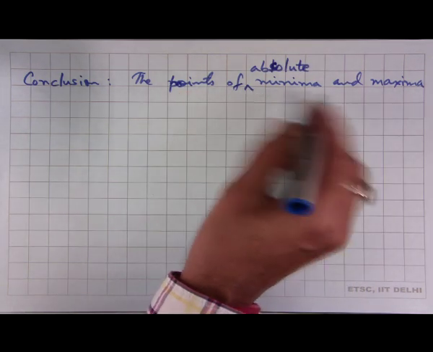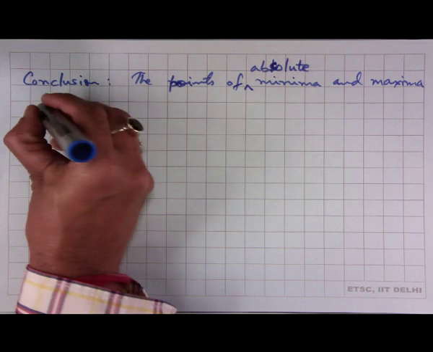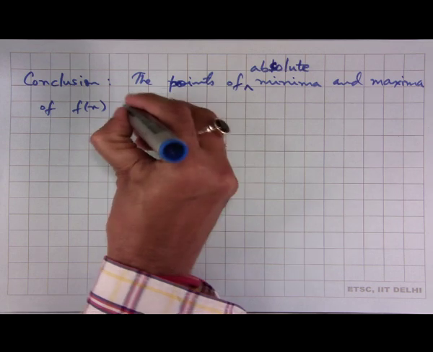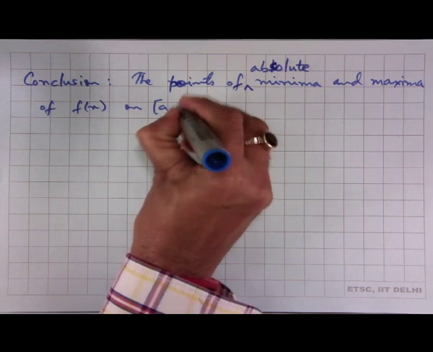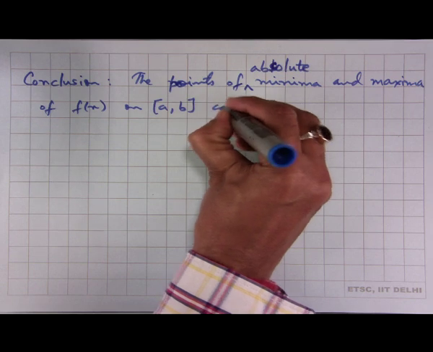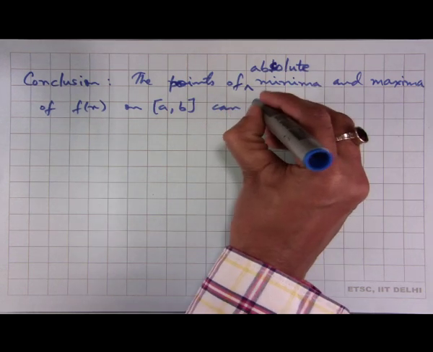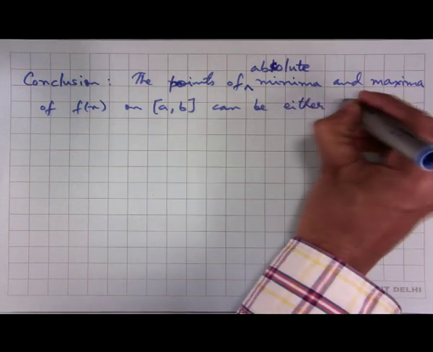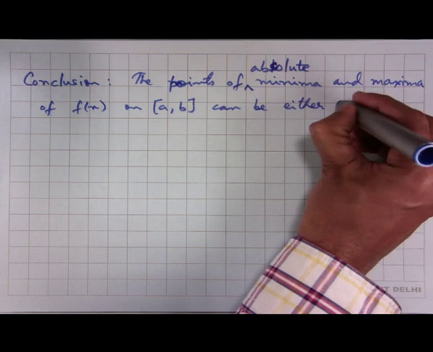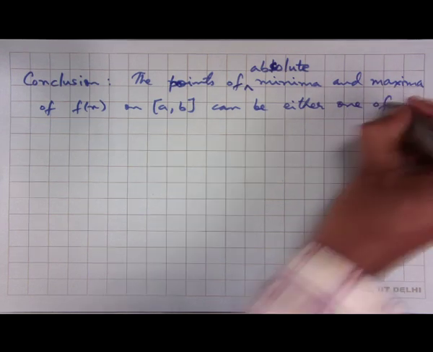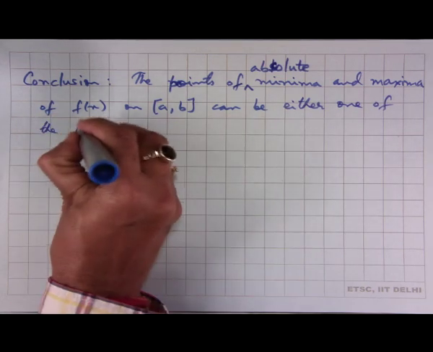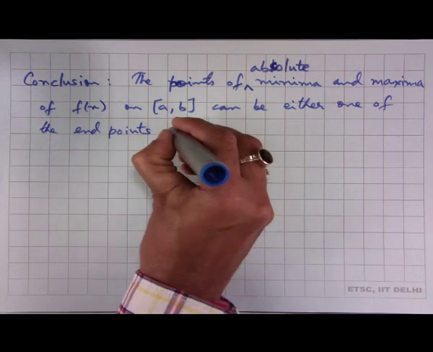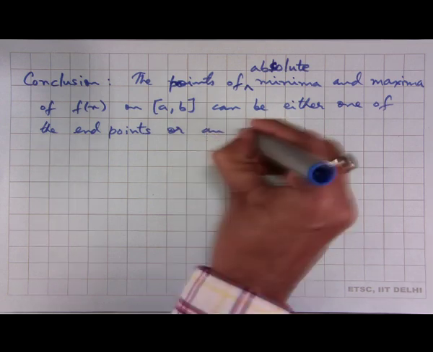So, the points of absolute minima and maxima of f of x on a closed interval [a, b] can be either one of the end points or an interior point.